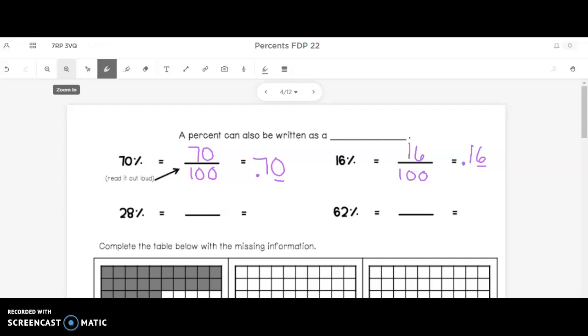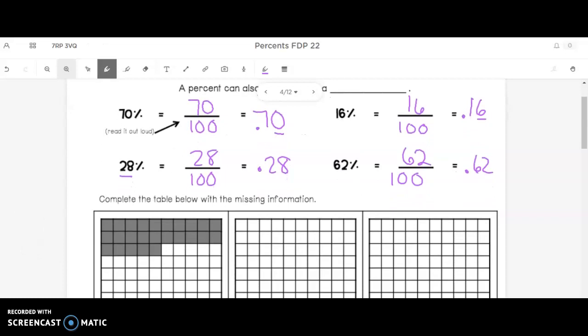Now notice that since all of our percents only have 2 numbers, that means all of our decimals are just going to look like money, like 28 cents or 70 cents. So this one, 28 hundredths. And this last one, 62 over 100 is the same as 62 hundredths.